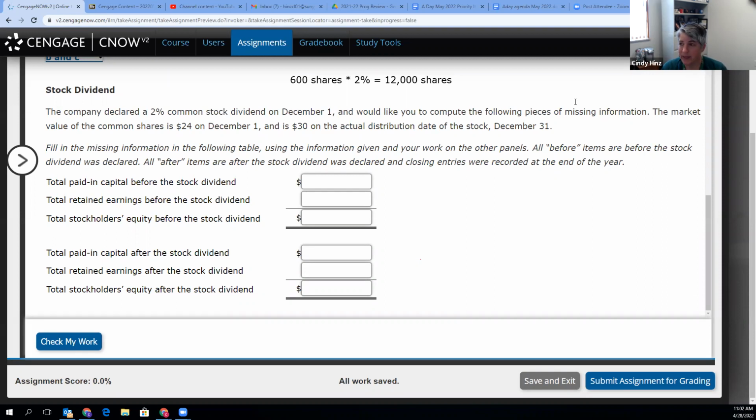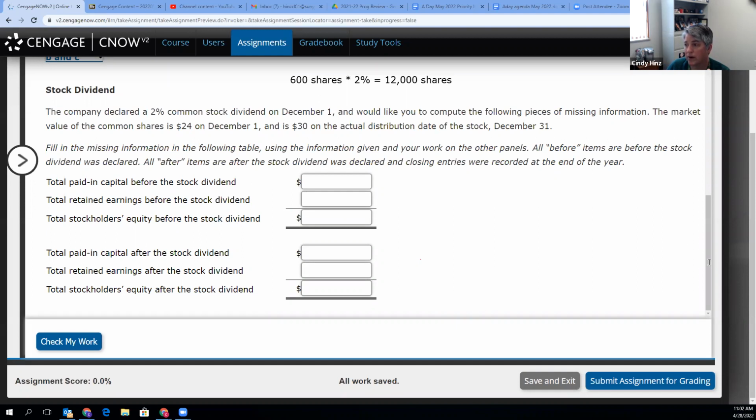And if it's a stock split, as we saw in our exercises for the chapter, we actually don't move any value out of retained earnings and into contributed capital. So we know that the total stockholders' equity is not going to be changed by the stock dividend. What changes is the split between paid in or contributed capital and retained earnings.